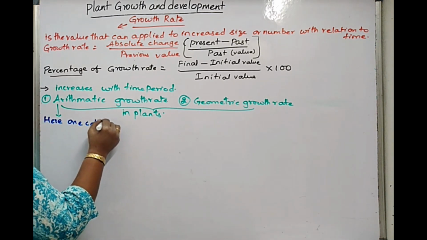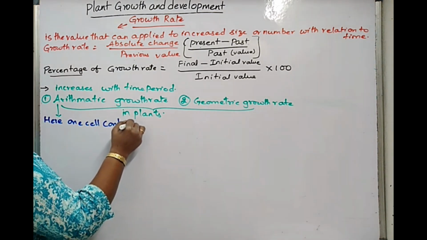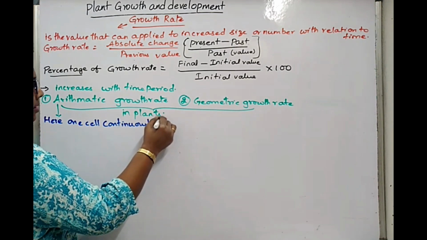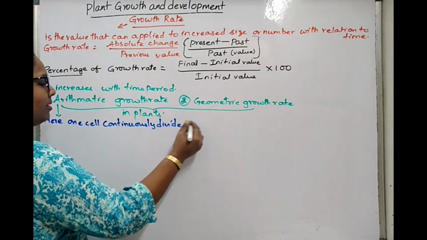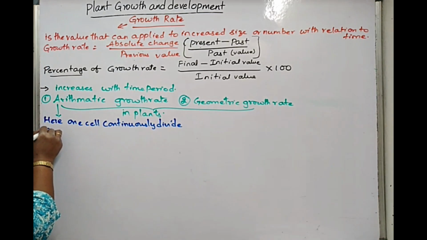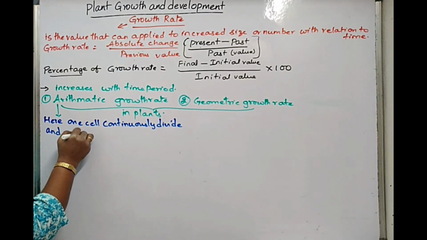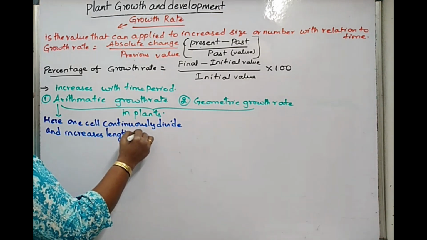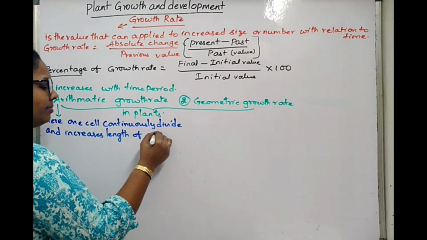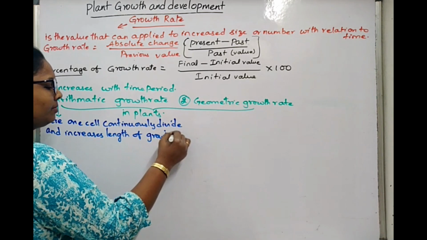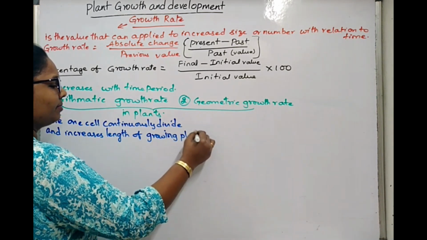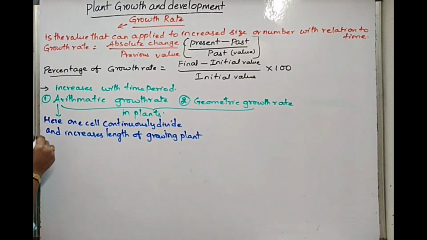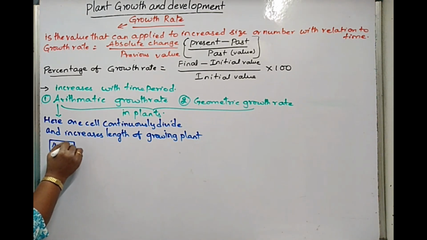One cell continuously divides and increases length of the plant body. We can show that in a diagrammatic representation like this; this is one cell.